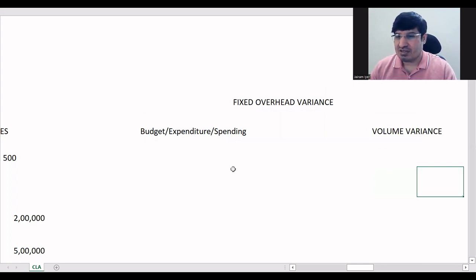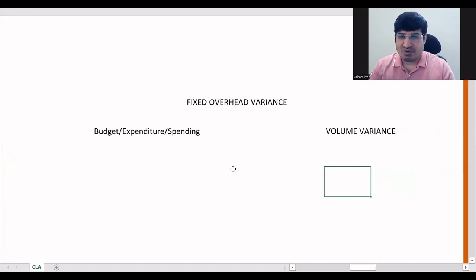Either you say CA is efficient, 2 times CA is efficient. So all three will be three variances. Efficient will become efficiency variance, and first will be capacity, second will be calendar.